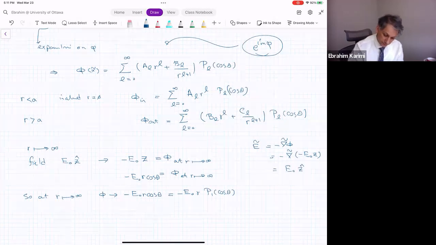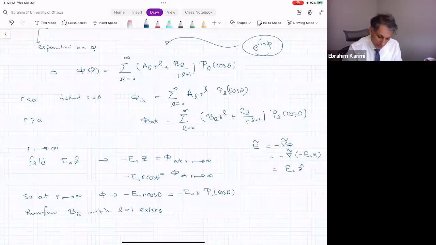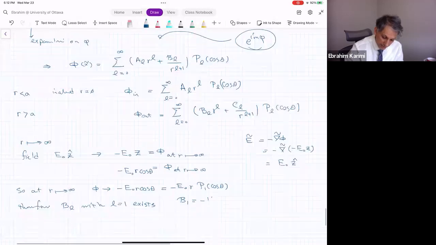Therefore, BL with L equal to 1 exists. Okay, so it means that B1 is equal to minus E0, and B0 essentially is a constant, just forget that.